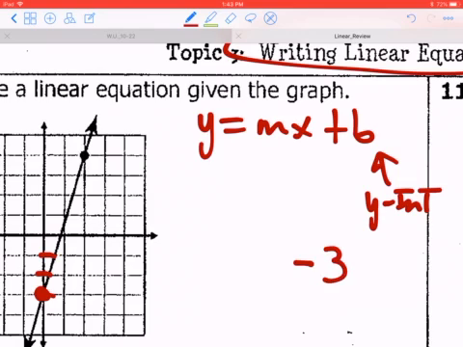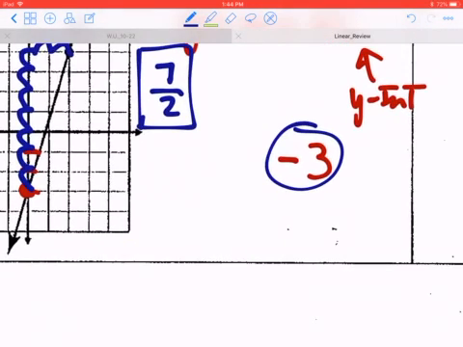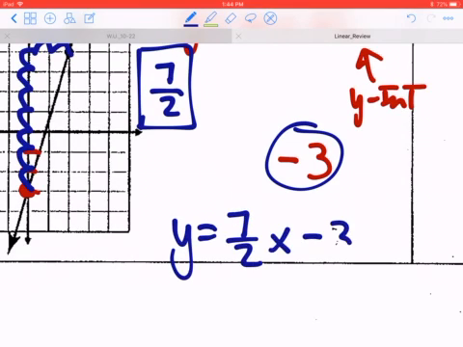So I have my y-intercept, and then my slope is found by counting from this point to the next. So 1, 2, 3, 4, 5, 6, 7, and over 1, 2. And this is a positive line, so my equation, now that I have my slope and my y-intercept, is y equals 7/2x minus 3.